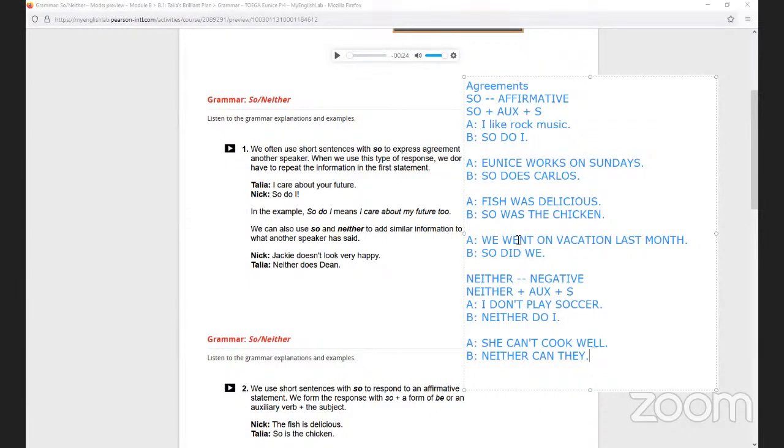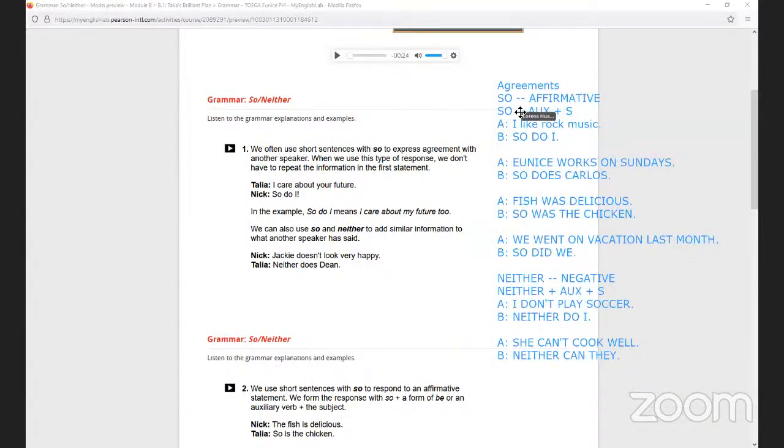Perfect. Okay, so in this case, you could take a picture or notes about the structures in order we can do in the platform, okay?